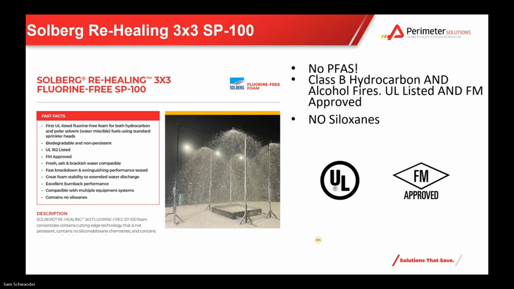As Pat mentioned, you really need to know what your hazards are beforehand. If you have water soluble fuels or polar solvents or the need for an alcohol resistant foam, this would be the route you'd go. And if you only had hydrocarbon fuels, you'd want to go the Solberg Rehealing RF3 route because that's going to be a little more economically friendly.